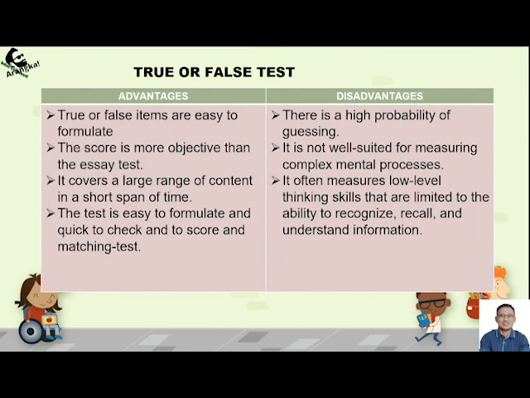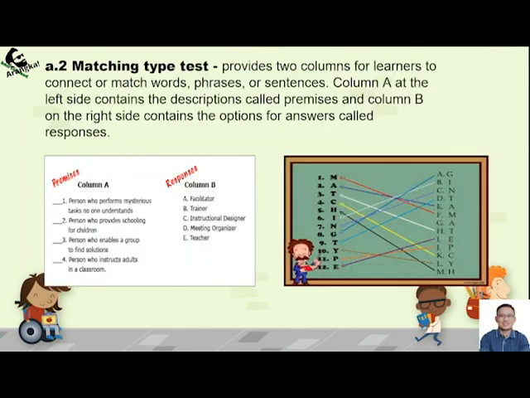So, determiners ginatanggal dapat. Okay, so next test item is what we call matching type test. This provides two columns for learners to connect or match words, phrases, or sentences. Column A on the left side contains the descriptions called premises, and column B on the right side contains the options for answers, and it is called responses.